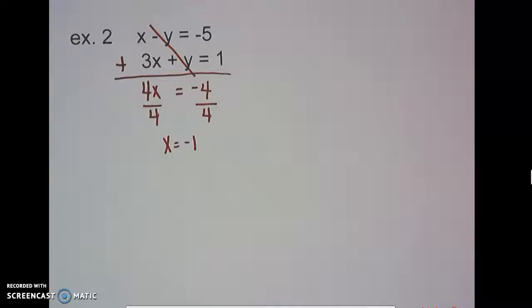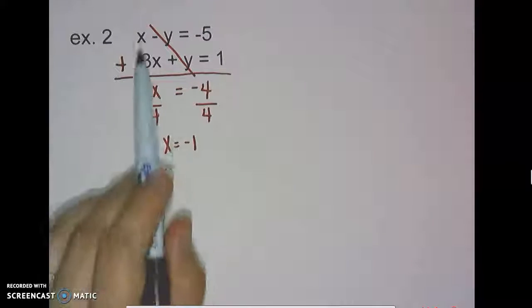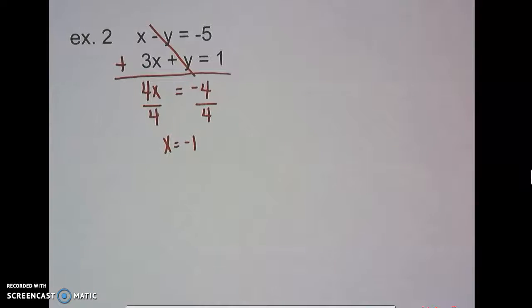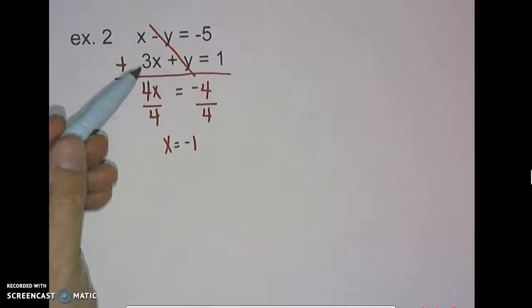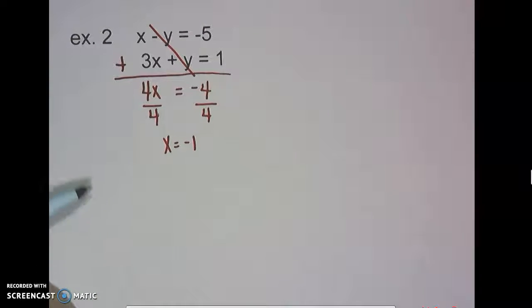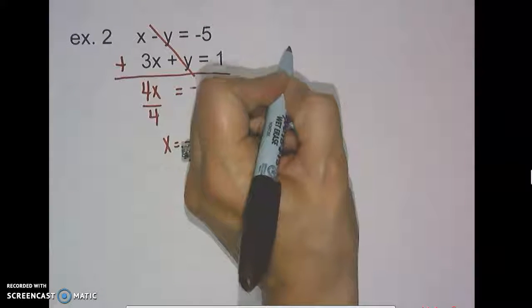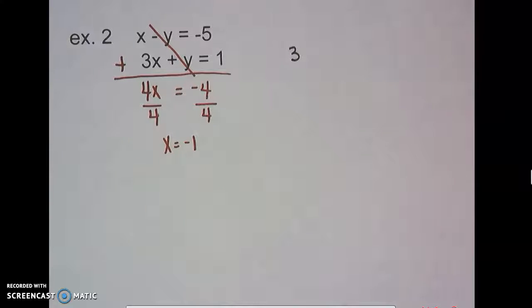We're not done yet, though, because we had two variables. Our answer needs to be written in an ordered pair, so we have to find what y is. We're going to take this and plug it into one of the original equations. You can pick which one you want. This time I'm going to choose the bottom one. The bottom equation does have all positives, but it doesn't matter which one you pick.